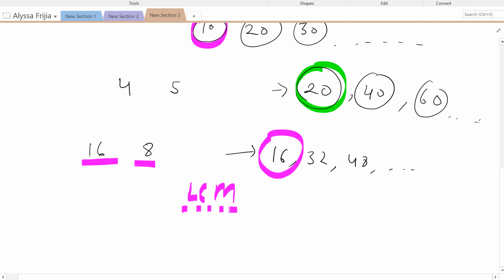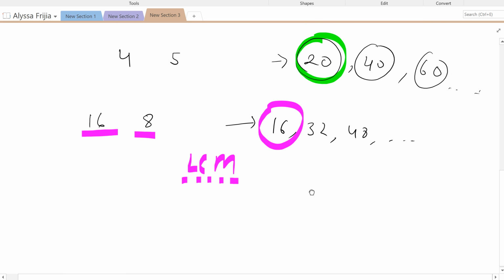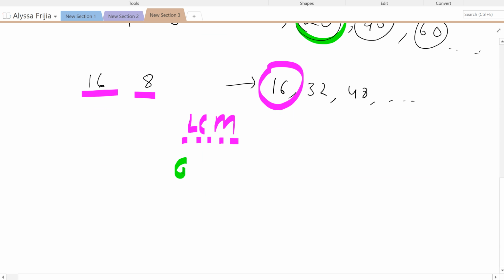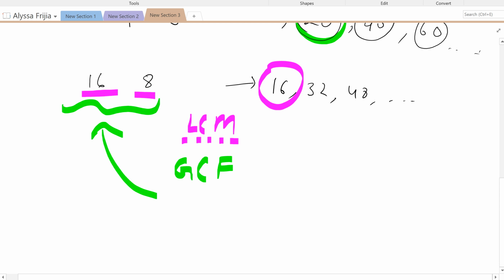Now, the thing that you confuse it with is the greatest common factor. Now let's talk about that. What is the greatest common factor for 16 and 8? That means the number which divides both of them, and the number should be the greatest.